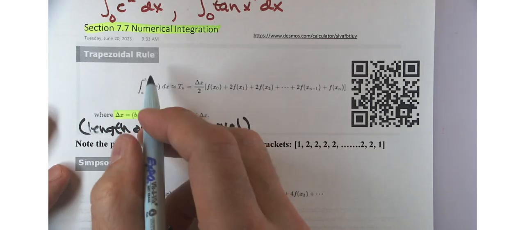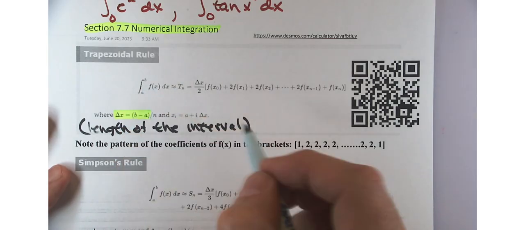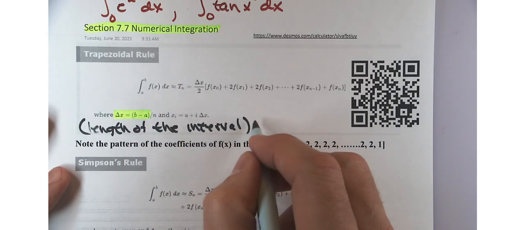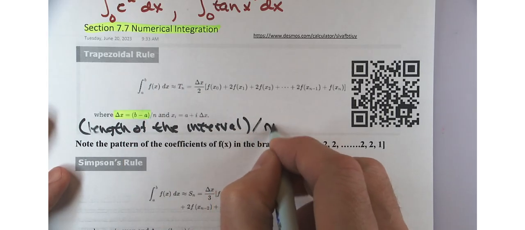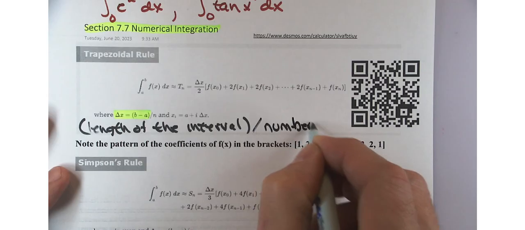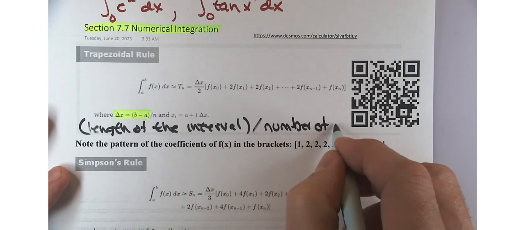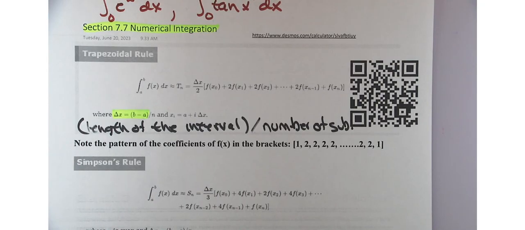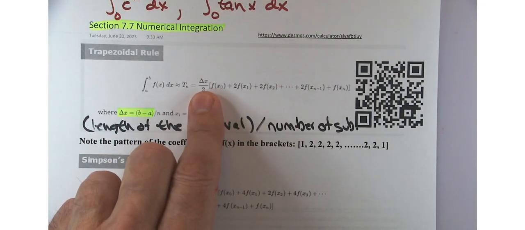Now when I say length of the interval, it's the length of the interval that you're integrating over divided by the number of subintervals. So that's what this is all about, your delta x.